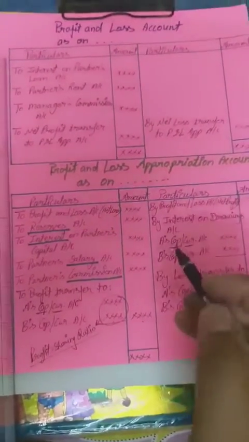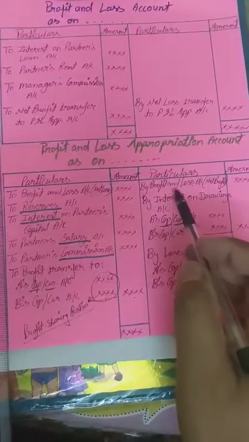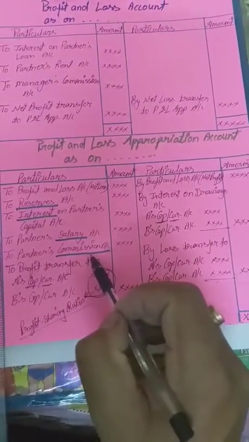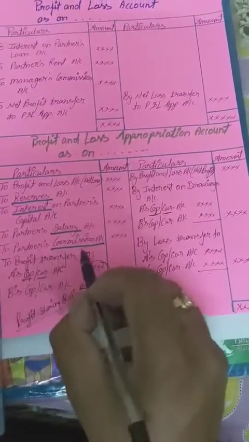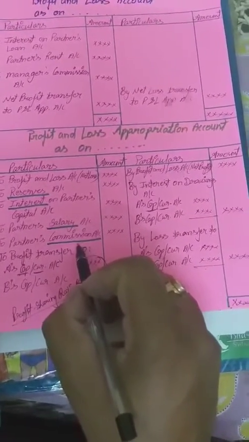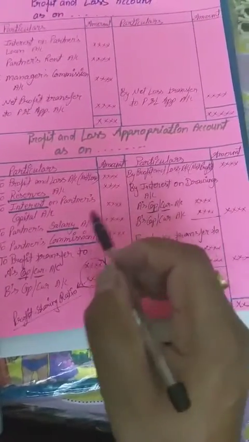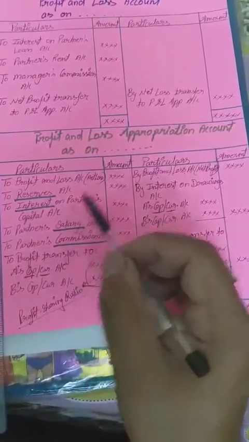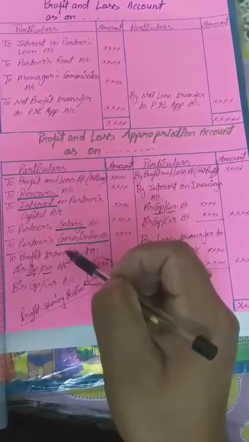And the next thing, this profit must be before these things. Sometimes this net profit is given after reserve, after interest on partner's capital, after partner's salary, after partner's commission. So whatever amount has been subtracted from net profit, any of these already subtracted, that amount we have to add back and then show on the debit side.